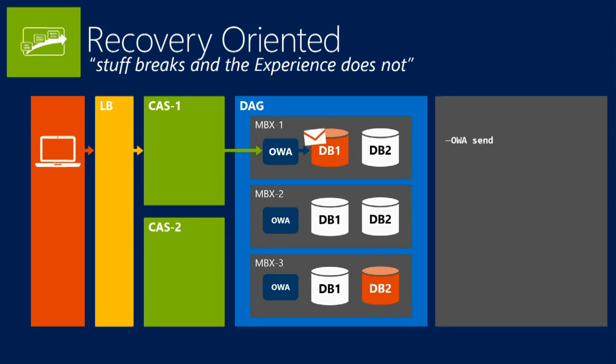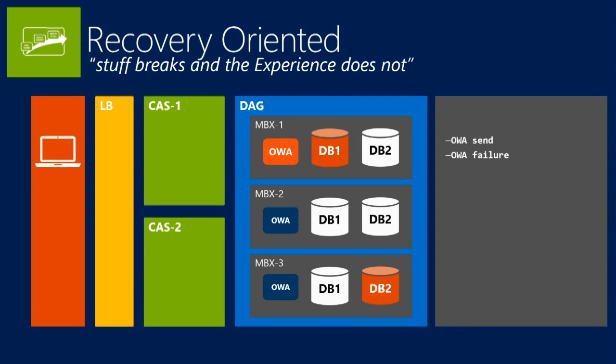It will then look up to where the health mailbox is, and then it will render that mailbox for that user against the mailbox server. Once the mailbox has been opened by the managed availability probe, it will then go ahead and do an OA send. It will actually send a mail message to that mailbox to verify that it was received successfully. So in this case, the OA send is successful and life is good.